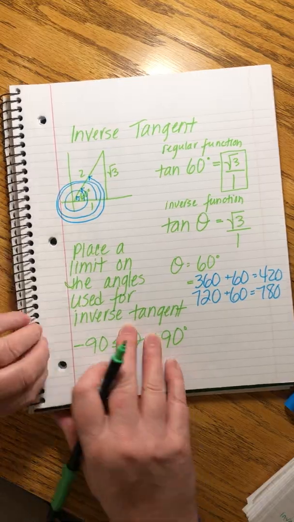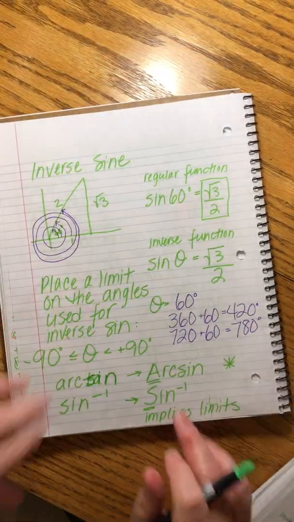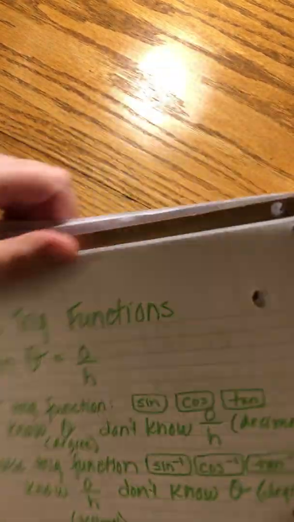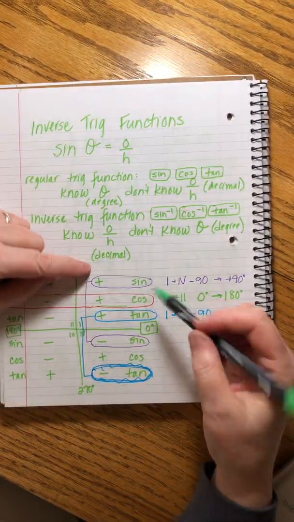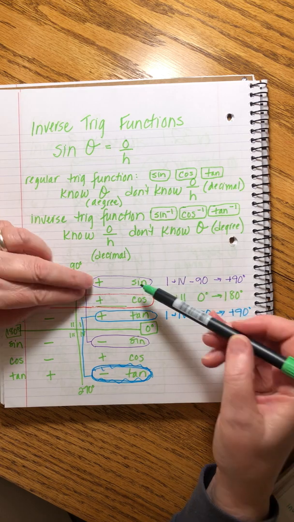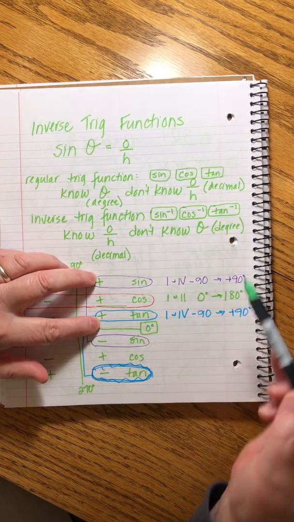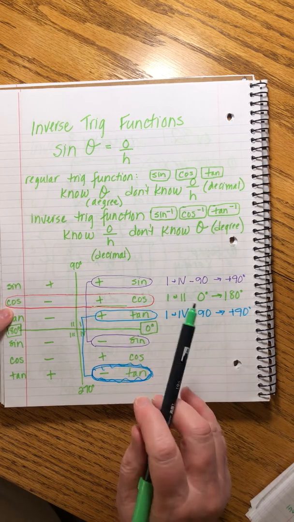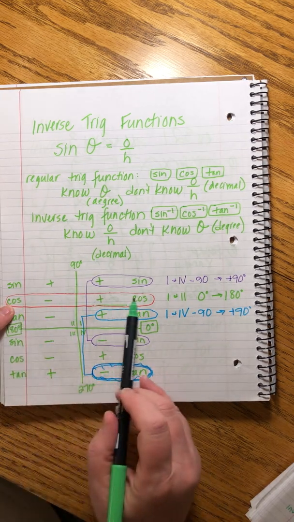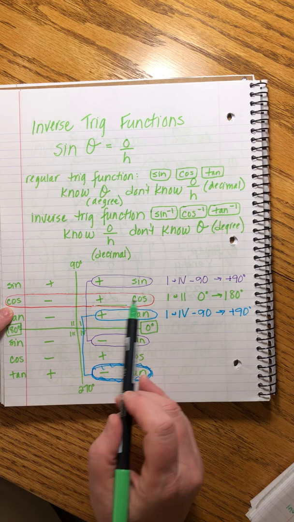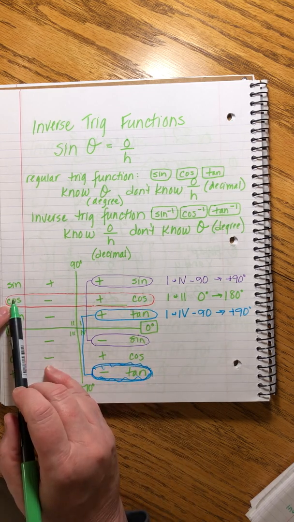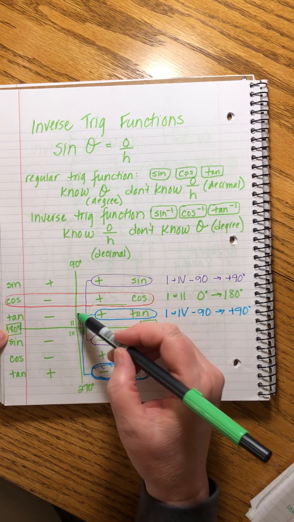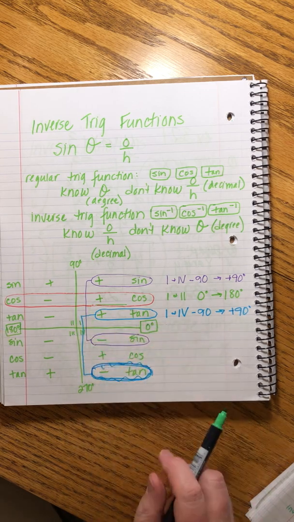Okay, so, and let's go back to our chart where we wrote them all, right? So sine and tangent have a limit that looks exactly the same. Cosine is the little goofball that goes over here. It goes from 0 to 180, right? Because this is 180. It takes these two quadrants. Sine and tangent both go this way, all right?